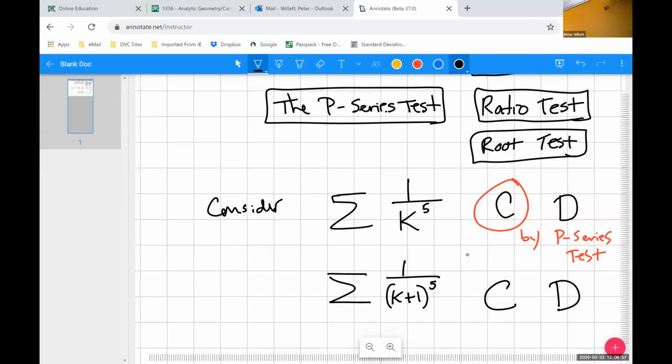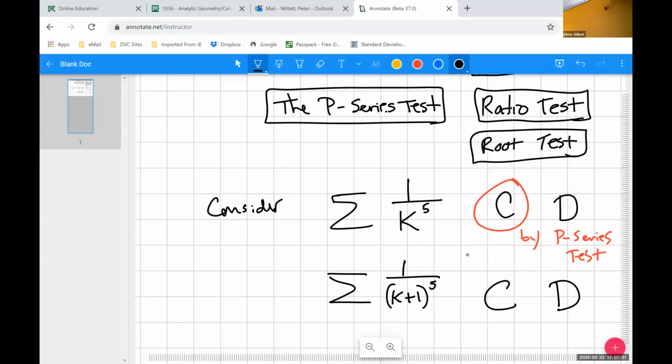Thank you. The first thing I would point out is that basically these are the same. Here you have a k to the fifth on the bottom, and here you have k plus 1 to the fifth on the bottom. Adding 1 to k still doesn't change the fact that you have fifth power of k on the bottom. And even more specifically, by adding 1, the terms on the bottom have a larger denominator than the terms in the first one, making the value of the fraction smaller.